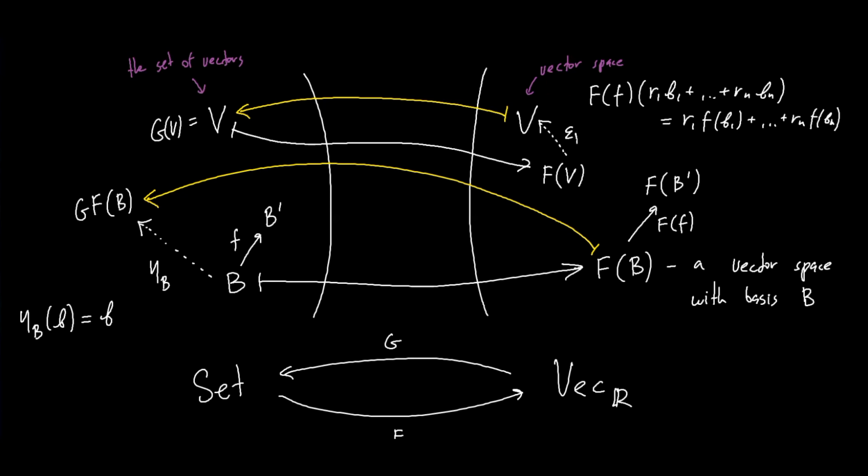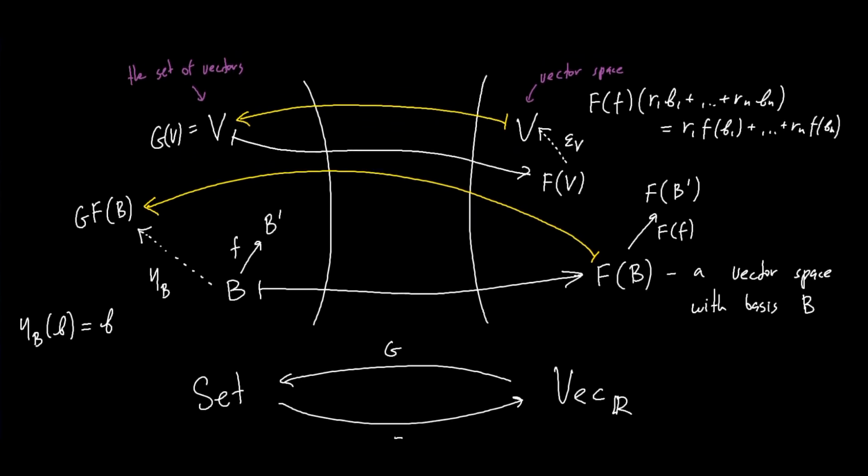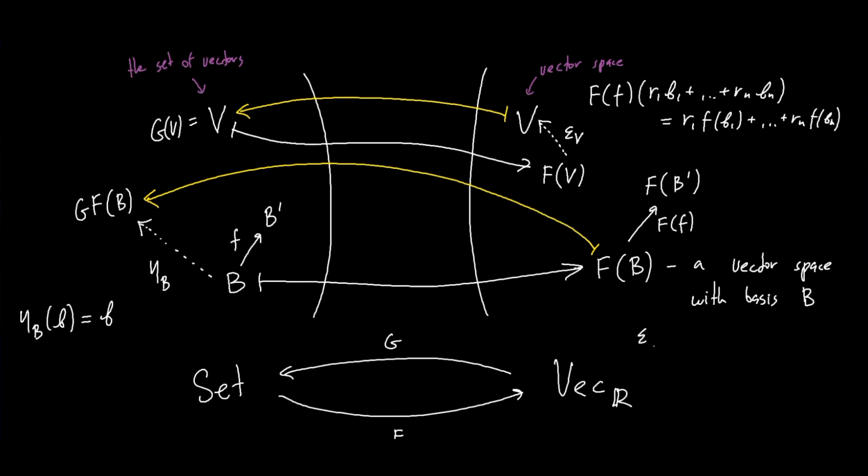Do I have an epsilon V here? So to define epsilon V, I will have to state what will be epsilon V of a formal linear combination of vectors from V. And to distinguish formal linear combinations from actual linear combinations inside the vector space V, I'm going to use a notation which I never use otherwise.